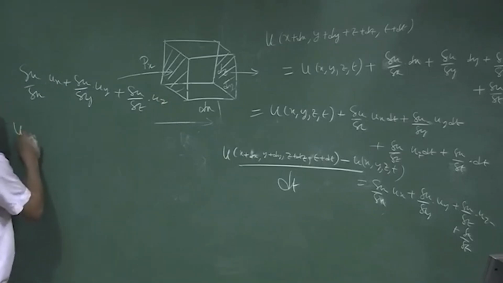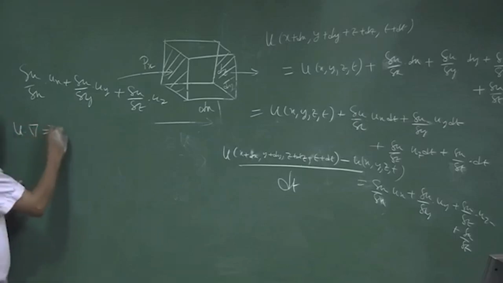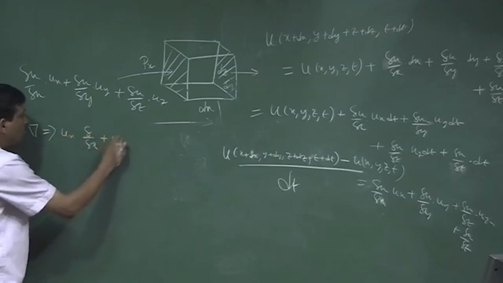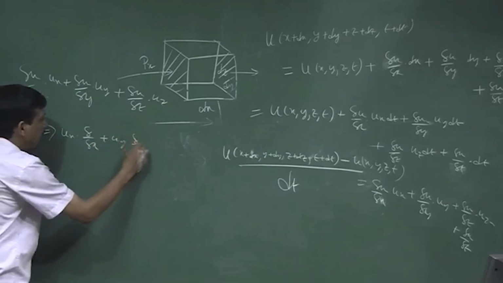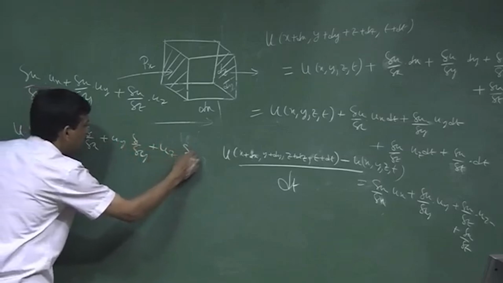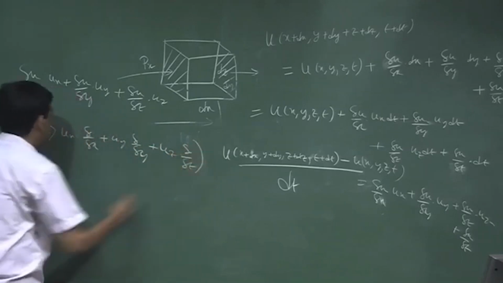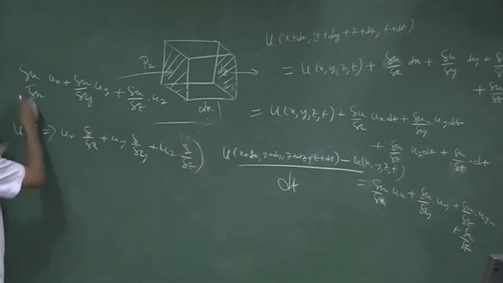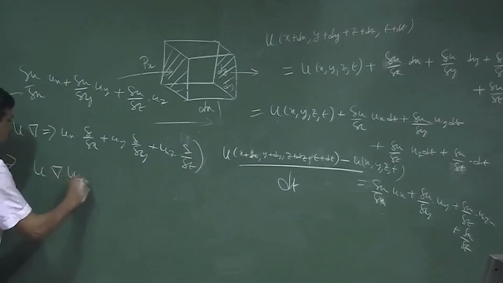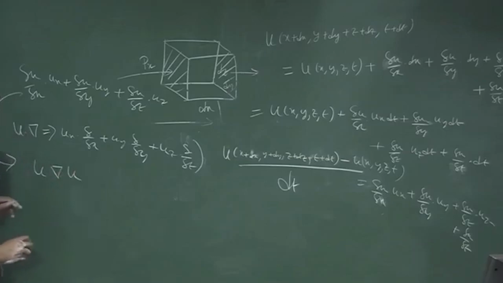What is u divergent? It is nothing but ux del by del x plus uy del by del y plus uz del by del z. So I can write this as u dot divergent u.